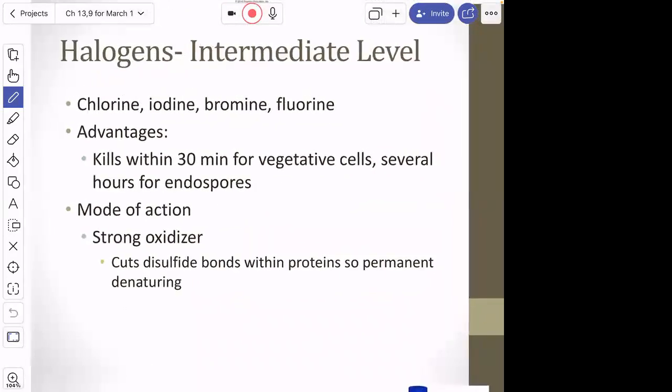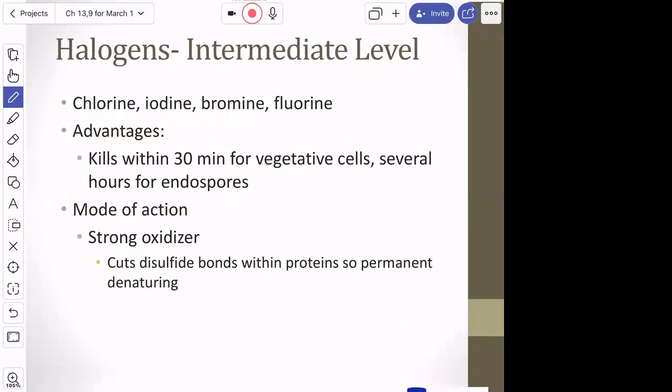All right, so your book talks about some other low level ones. I'm going to skip over those, and I'm pretty sure you shouldn't run into anything in your homework there. I think I read through that pretty well. The halogens are considered intermediate level.